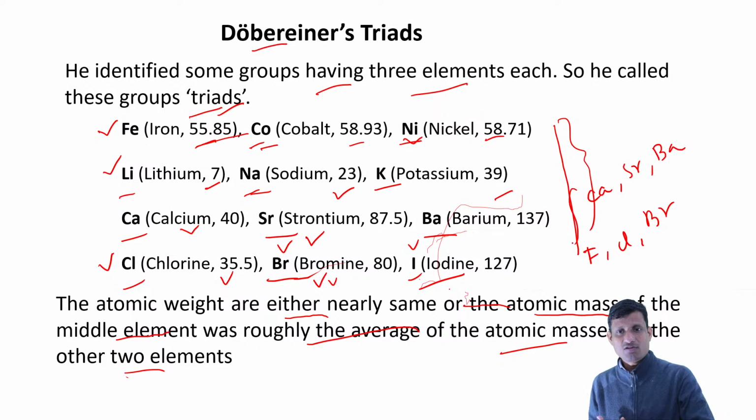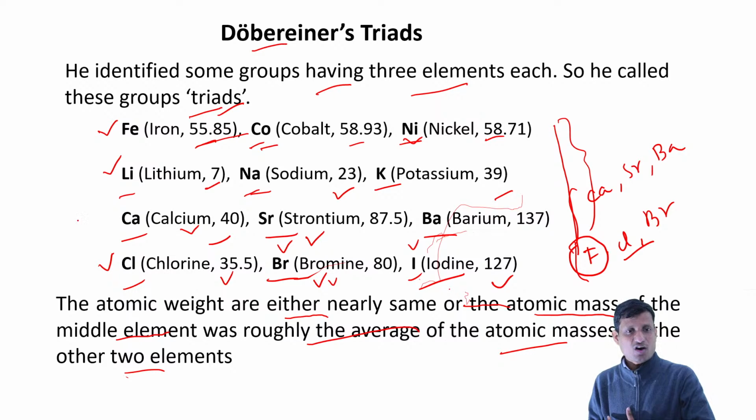Out of these, which is the correct Dobereiner triad, or which one is wrong? Again you have to remember that the triad is made of chlorine, bromine, iodine, not fluorine.